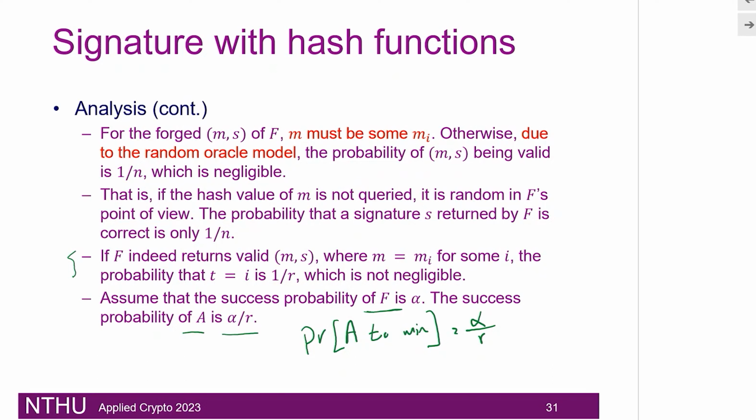After this, our conclusion is that as long as the RSA hard problem is believed to be hard and we don't know how to solve it, then such a forger should not exist in the first place, because given the existence of such a forger, we showed that with some non-negligible probability we can solve the RSA problem, and it contradicts our assumption that the RSA problem is hard.